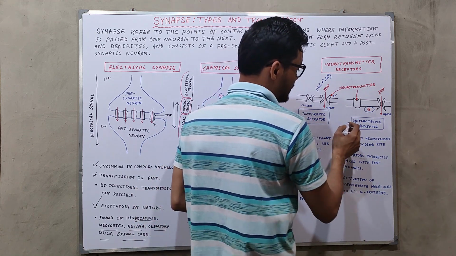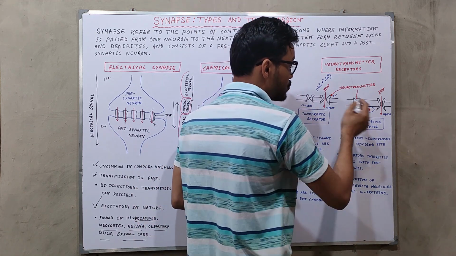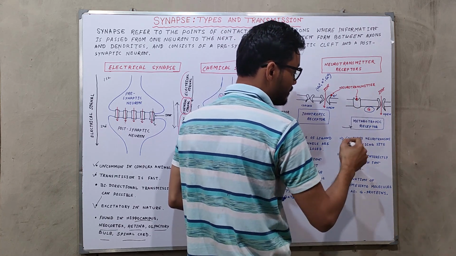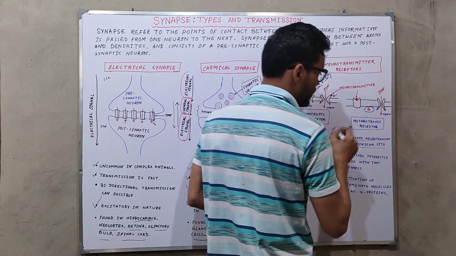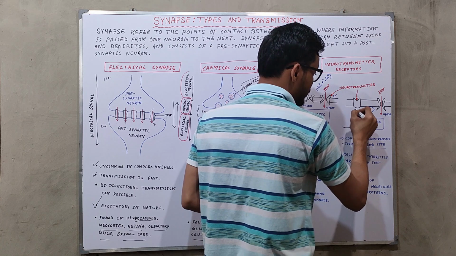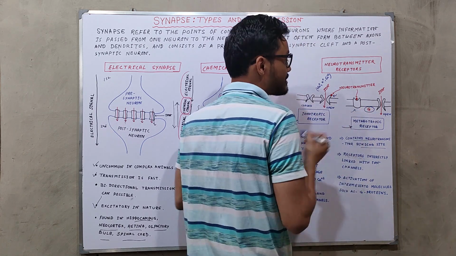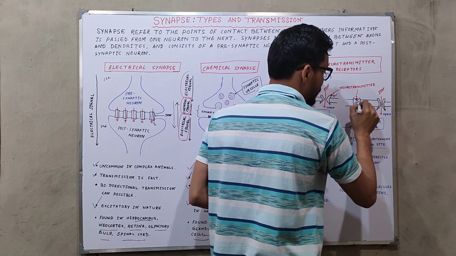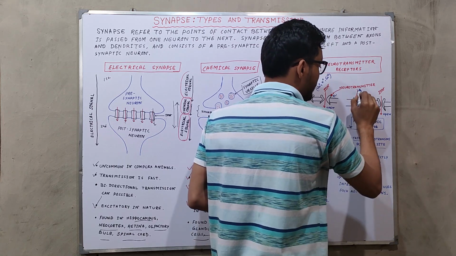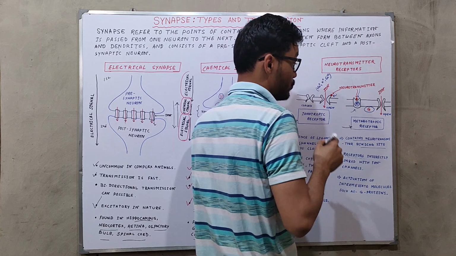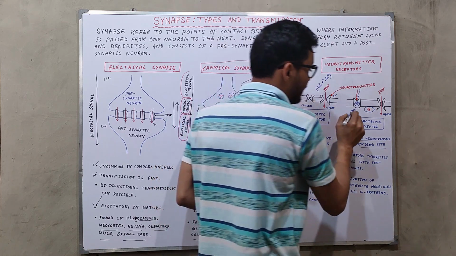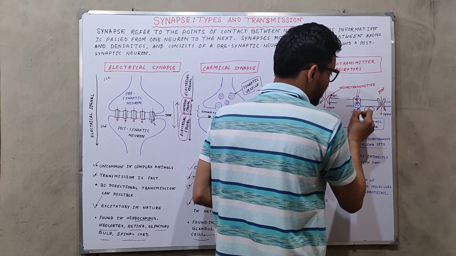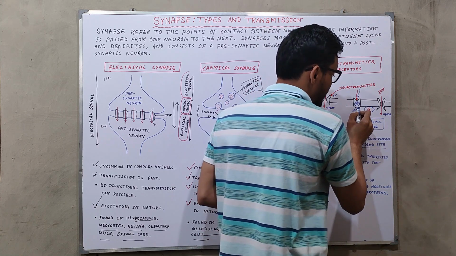Another kind of receptor is the metabotropic receptor. This metabotropic receptor contains a neurotransmitter binding site, where the neurotransmitter binds with the receptor and creates a signal, which it passes to the G protein.